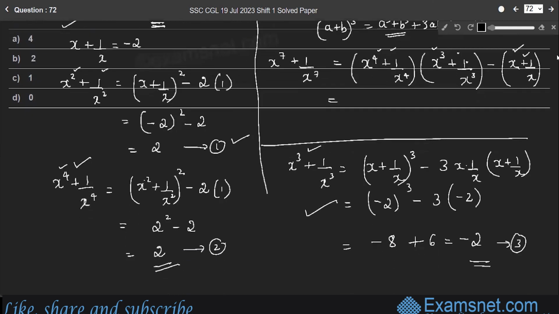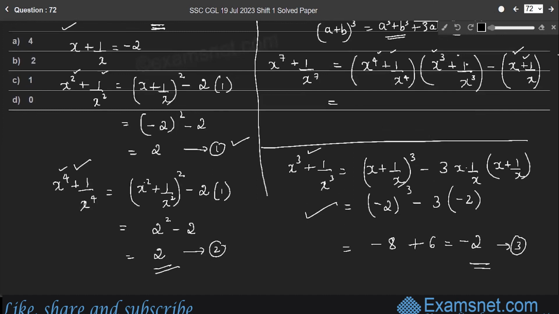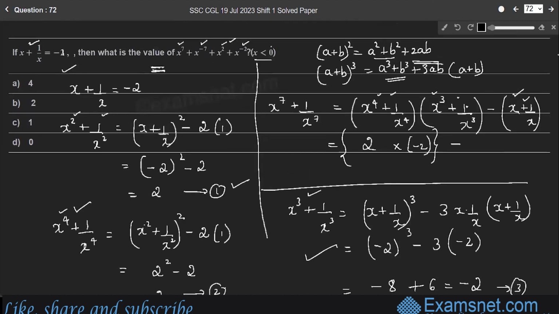So which is x raised to 4 plus 1 by x raised to 4, which is 2, into x cube plus 1 by x cube, which is minus 2, minus x plus 1 by x, which is already given, that is minus 2. Therefore, it becomes minus 4 plus 2, which is equal to minus 2.